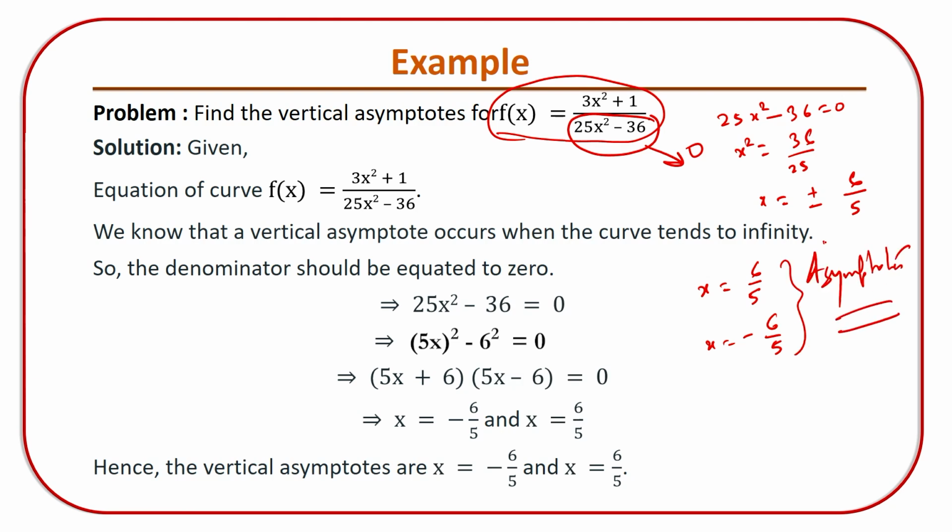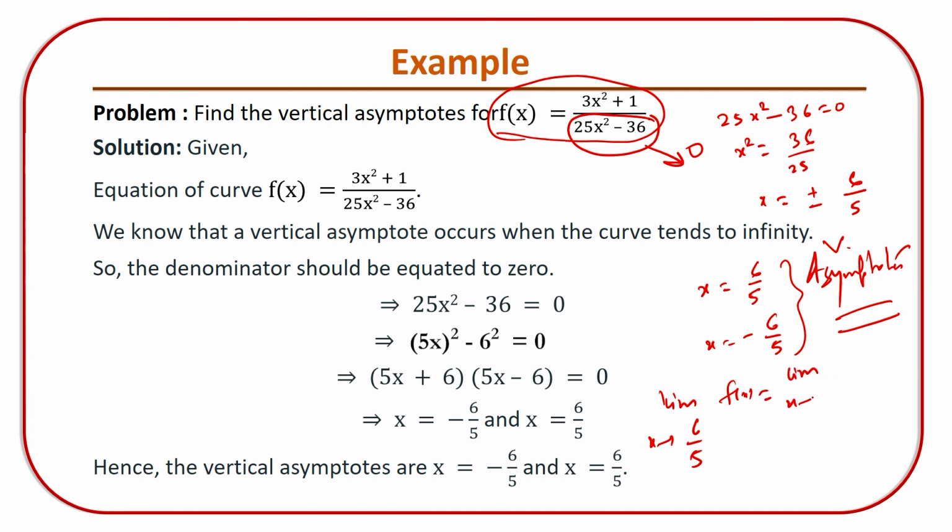And now I will check for both that this is our claim, these are the vertical asymptotes for this function. To verify that the claim holds for this function, I have to find the limit as x tends to 6 by 5 of this function. So putting this in, how much will you get?